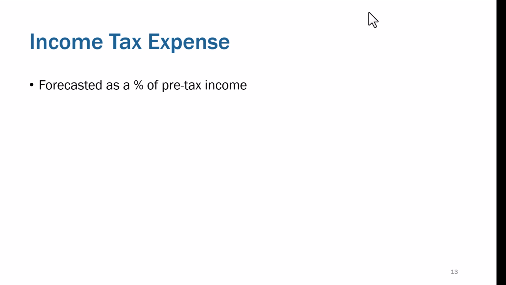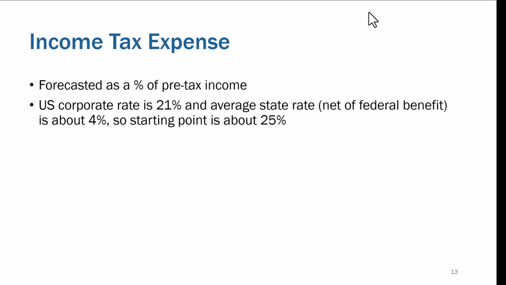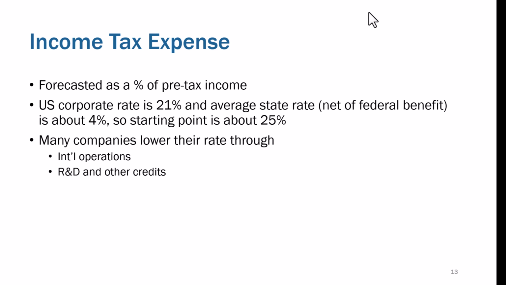Income tax expense is going to be forecasted as a percentage not of sales, but of pre-tax income. The U.S. corporate tax rate is about 21%. The average state rate is about 4%. So oftentimes, if you don't have any better information, you might just assume an income tax rate of about 25%.